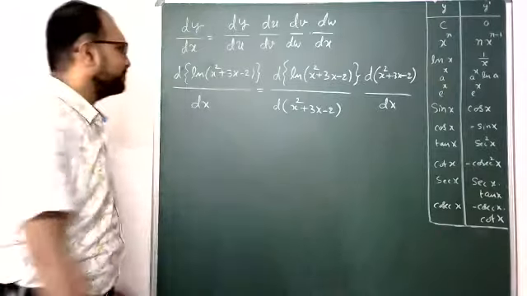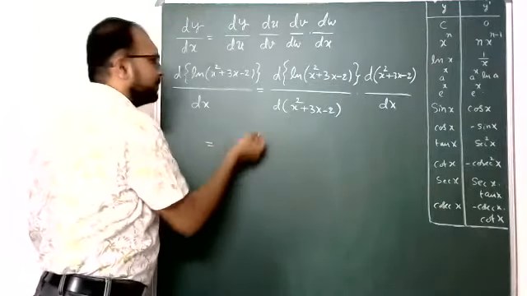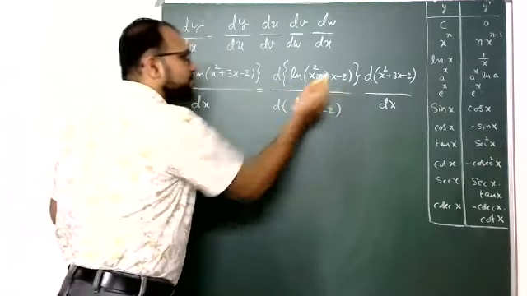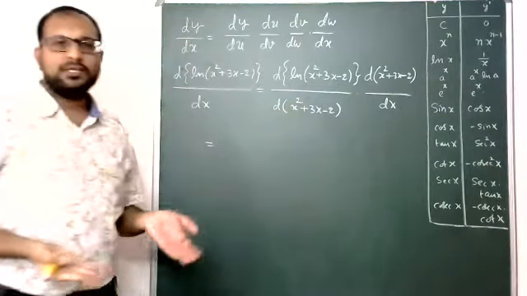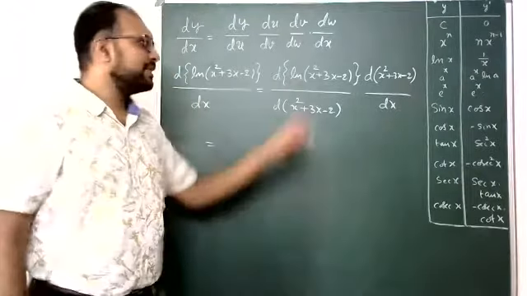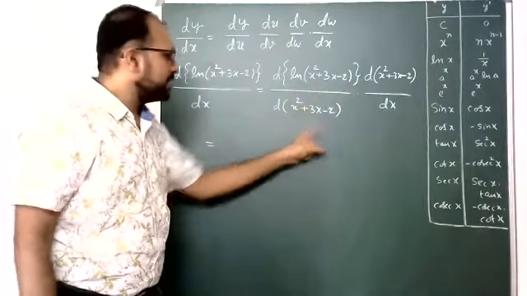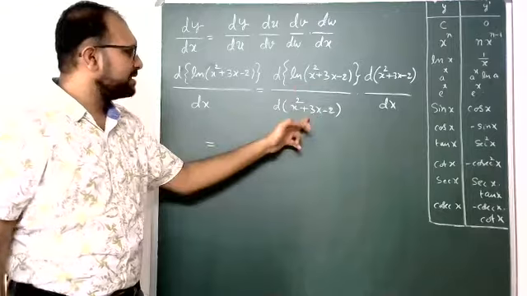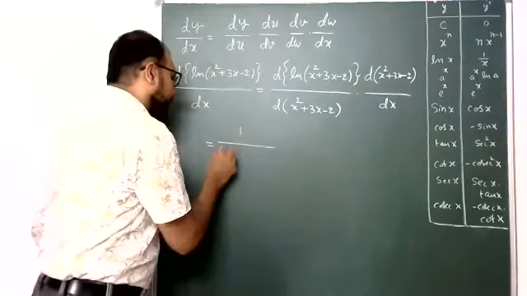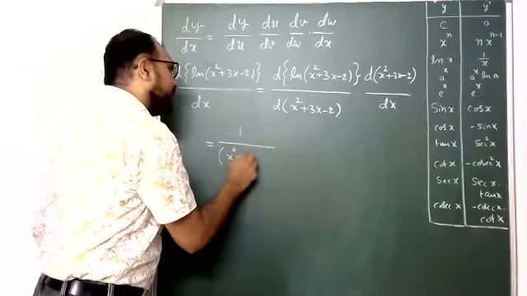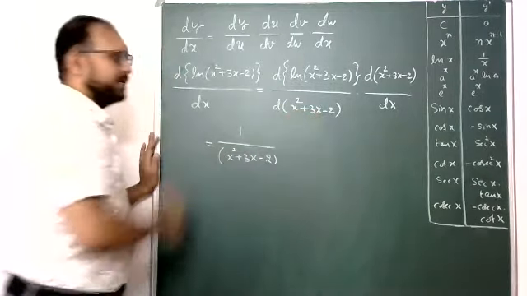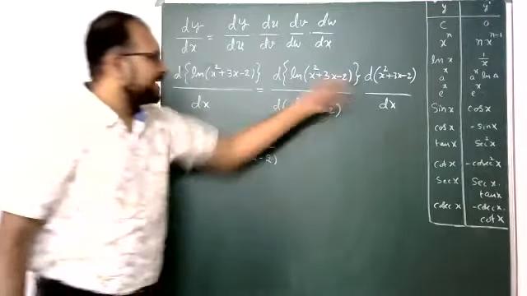Okay, just listen. Now here, this is very simple. This is the derivative of ln of a complete function with respect to the same function. Students, tell me, what is the derivative of ln x with respect to x? 1 by x. Same thing, this total is, suppose, x. So that's why 1 divided by (x square plus 3x minus 2), this derivative is over, into again the second term.